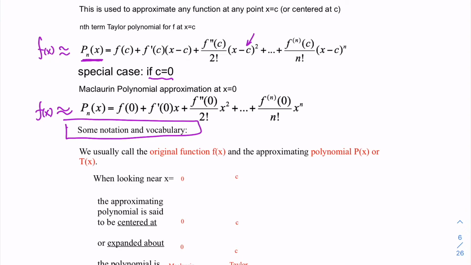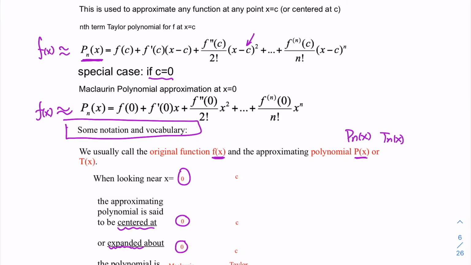We call the original function f(x), and the approximation we use is Pn(x) or Tn(x). When the center equals 0, the approximating polynomial is centered at 0, or sometimes they use the words expanded about 0, and this polynomial is called the Maclaurin polynomial.